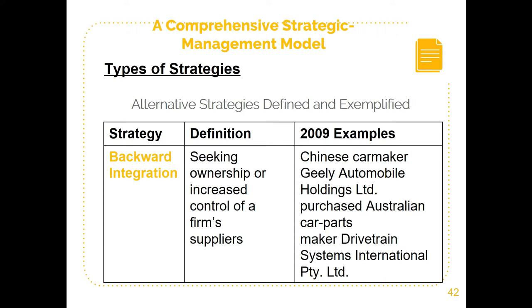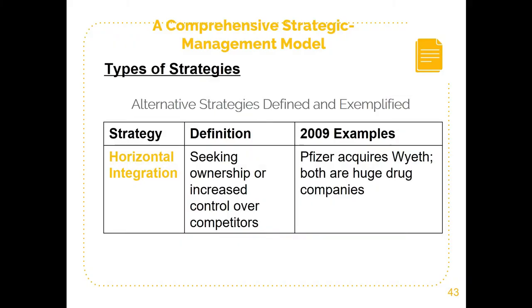Okay, there you go. We also have here horizontal integration. So in your horizontal integration, you seek ownership or you increase control over your competitors. So it's maybe through hostile takeover perhaps, or maybe merger.